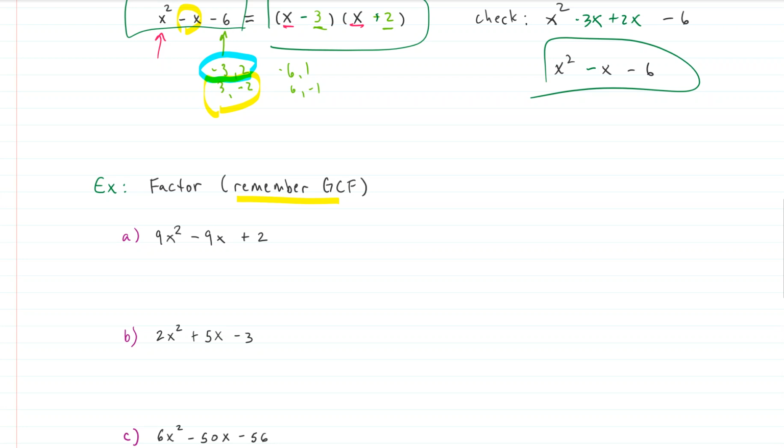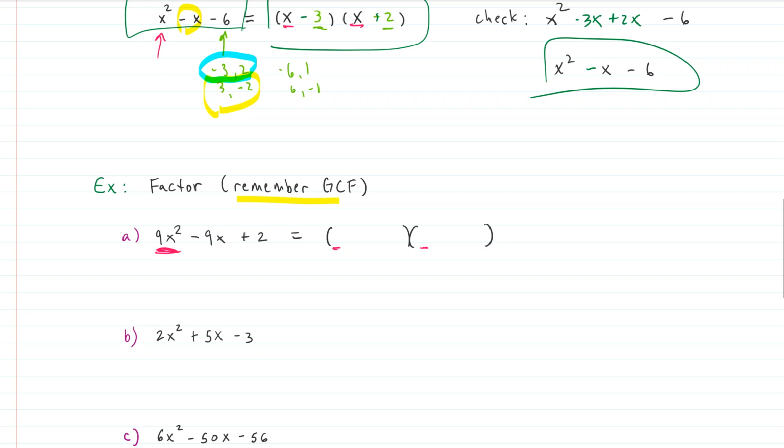Example A gives us 9x squared minus 9x plus 2. And we're supposed to factor. Do we have anything common? 9, 9, 2, those don't share anything, so let's just start. Trial and error, right? We know from the reverse FOIL that the first 2 spots we're looking for are going to be products of 9x squared.